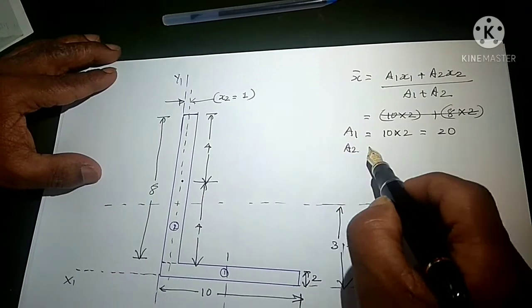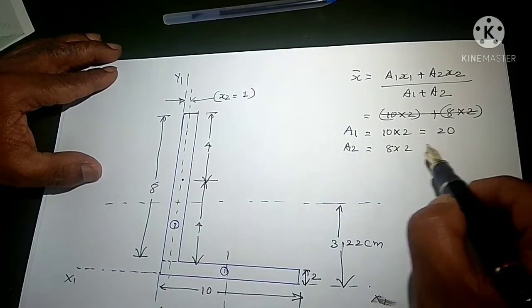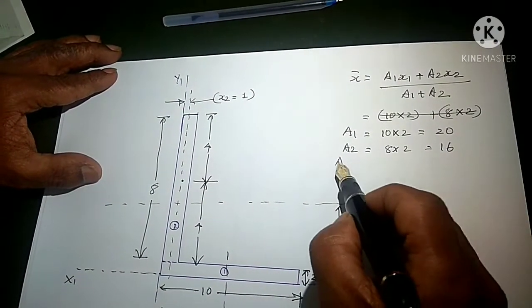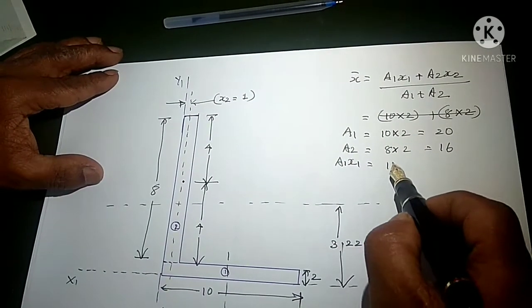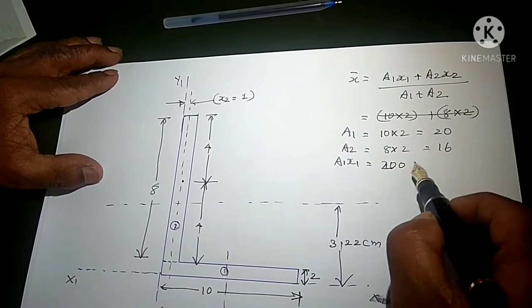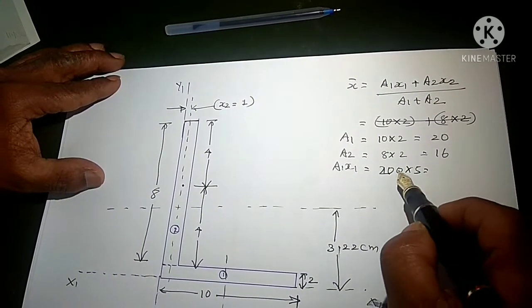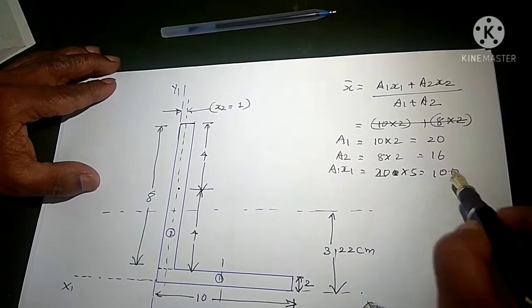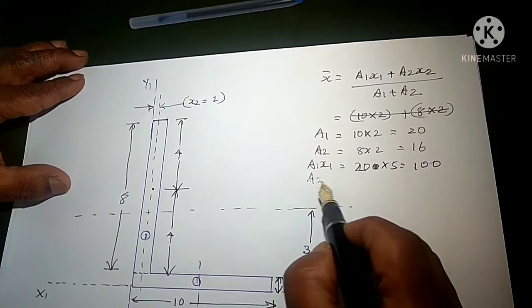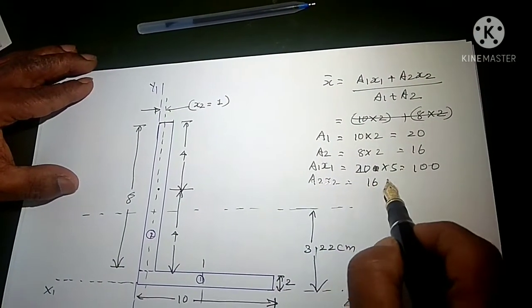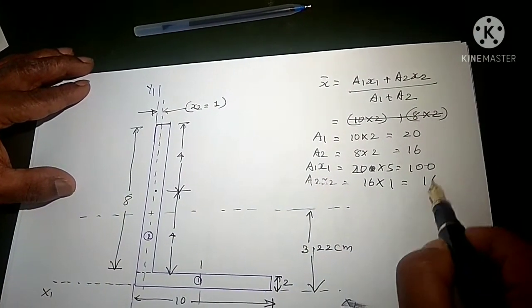A2 is equal to 8 into 2, which is equal to 16. A1 x1 is equal to 20 into 5, which is equal to 100. A2 x2 is equal to 16 into 1, which is equal to 16.